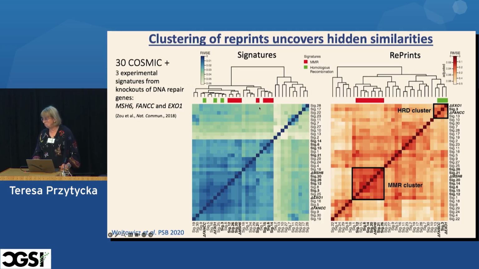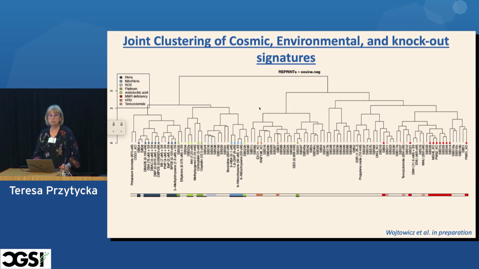Now, some years later, we have more mutational signatures, and in addition to the updated catalog of COSMIC signatures, there has been some effort to come up with experimental signatures.